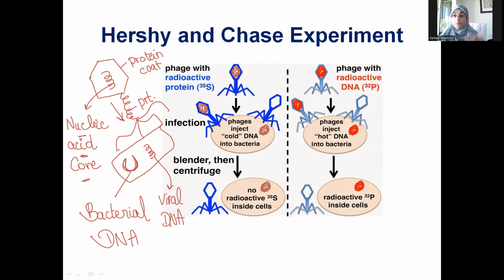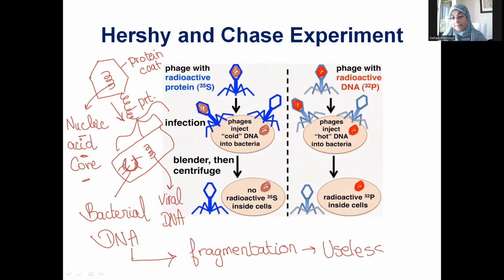Now, when the virus injects its DNA inside the bacterium, fragmentation of the bacterial DNA occurs. I'm just reminding you of what we studied in grade 10. So the DNA of the bacterium becomes useless DNA, and the viral DNA starts controlling the machinery of the bacterium to replicate its own DNA and form viruses.